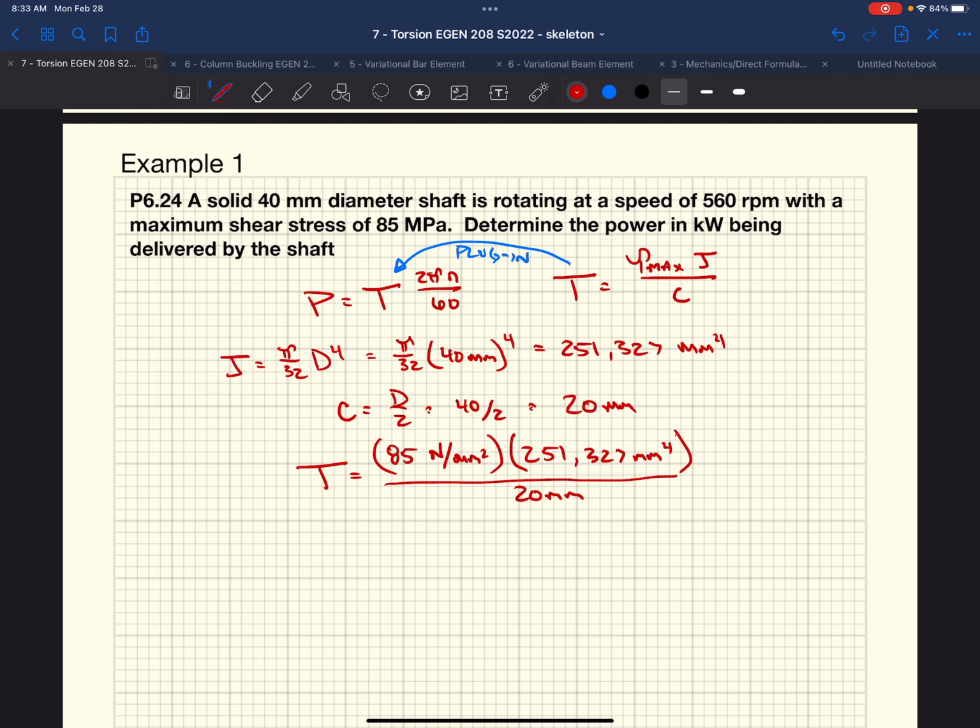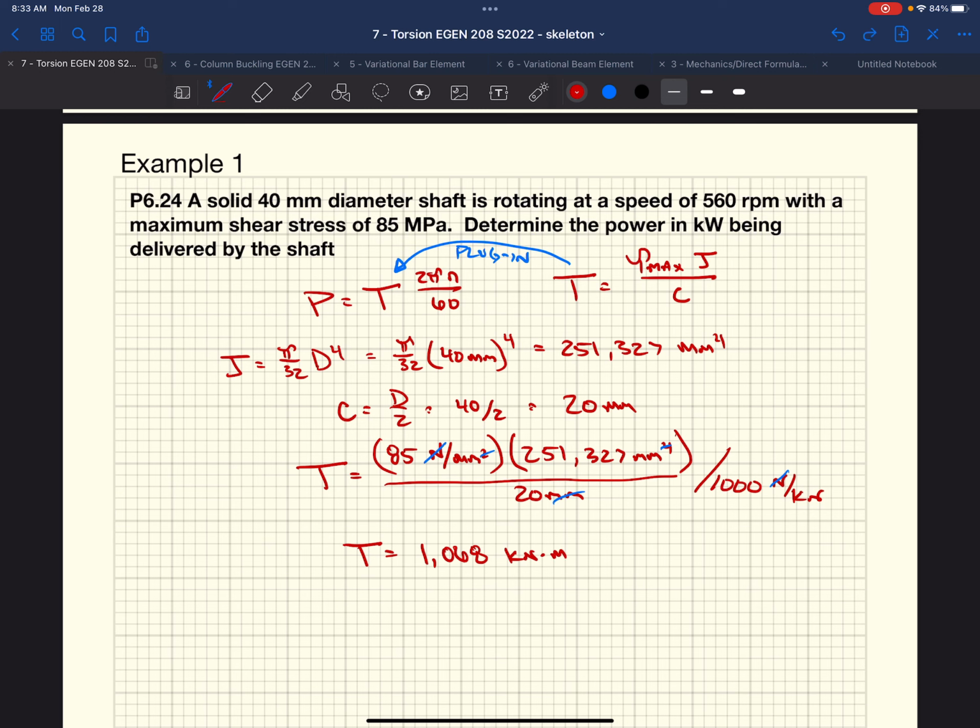I'm going to divide this by 1,000 newtons per kilonewton. So what does that do? Well, that gets rid of the newtons. We're going to end up with just kilonewtons. So I'm going to say torque is 1,068 kilonewton.